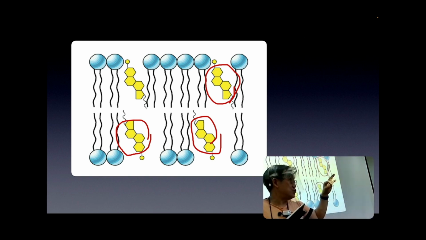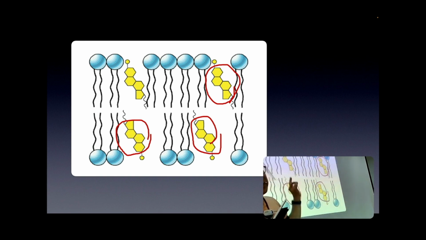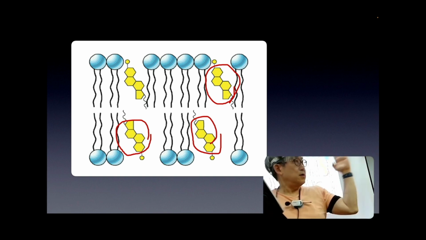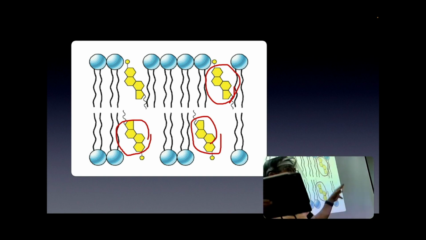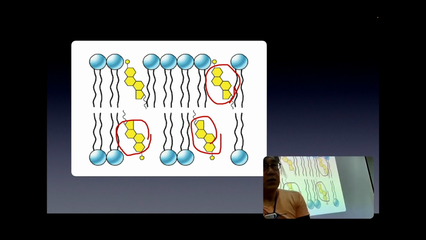It gives the cell membrane strength. Think of a building. You may think this is a building made of concrete. It's a very stable, sturdy, rigid structure. But if you didn't put the steel beam inside of the concrete building, then that concrete building will be very, very feeble and will collapse easily.